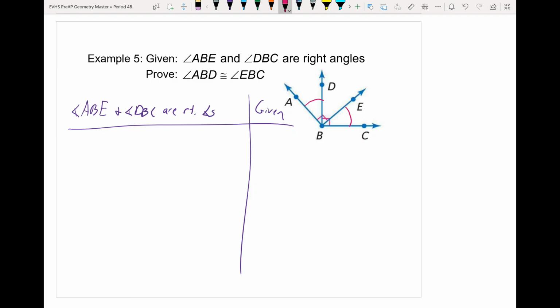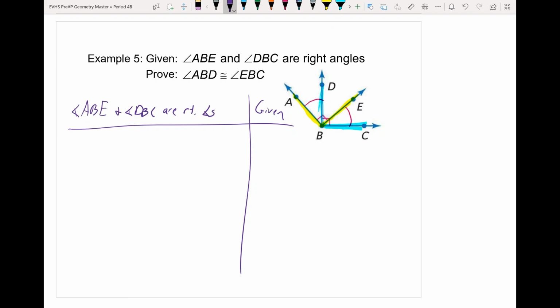Well, because I know that ABE is a right angle, it looks like I'm going to have to use the angle addition postulate to add these 2 angles together to get the greater angle. I'm also going to do the exact same thing here with this angle.